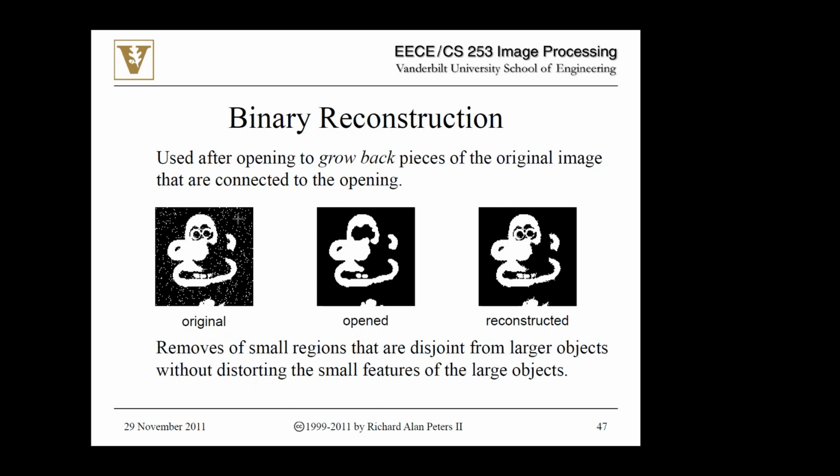We know that the opening gets rid of them. But the opening, you see, removes the points, but also has removed some interesting parts of the underlying signal. So we want to recover it.